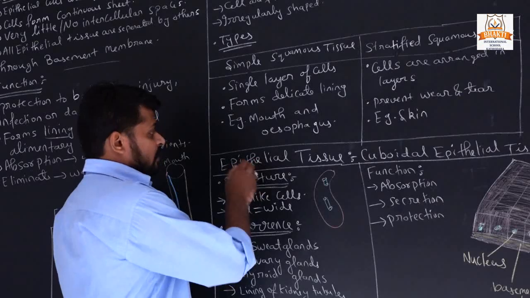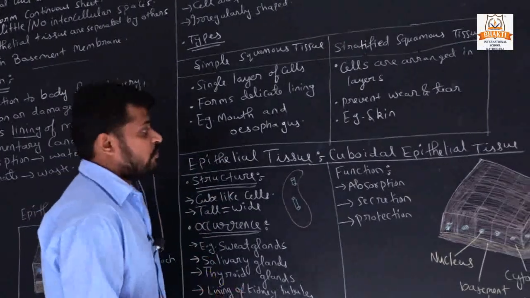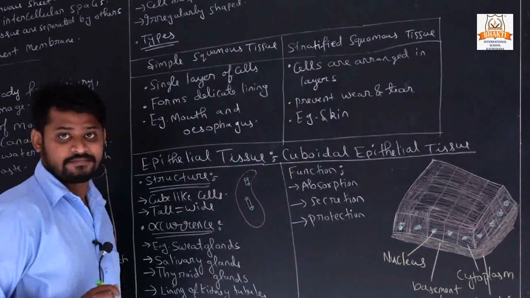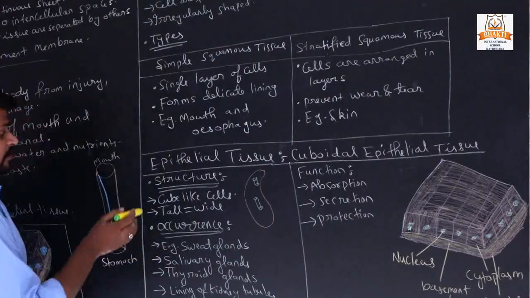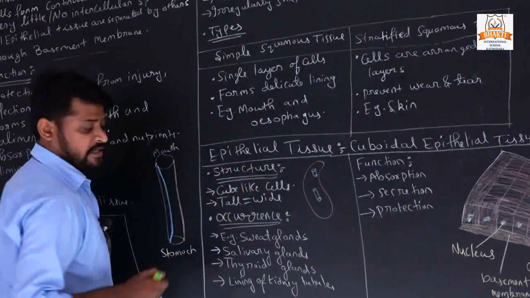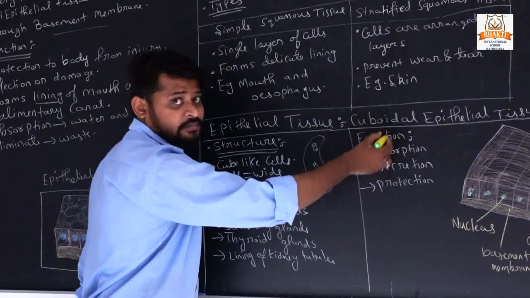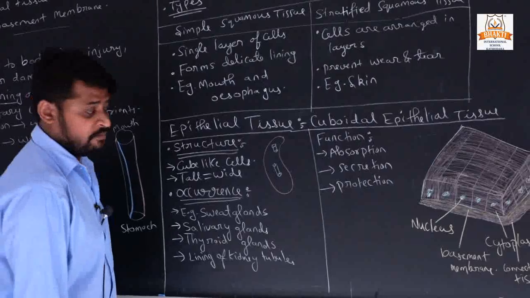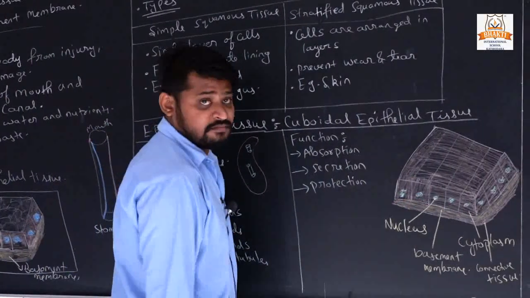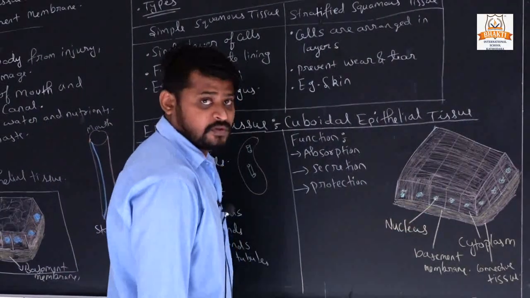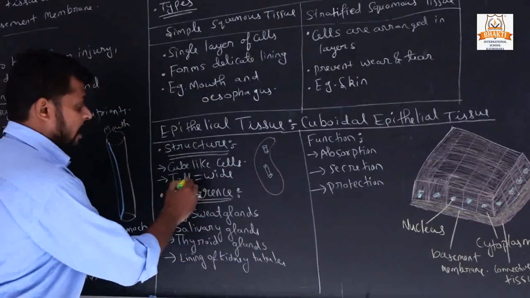Now the second type of epithelial tissue is cuboidal. The structure of cuboidal is cube-like cells, means the name is already cuboidal, the structures are cube in shape. You will see in this structure, they are cube in shape. They are tall and wide.